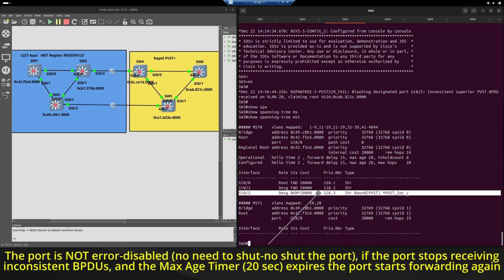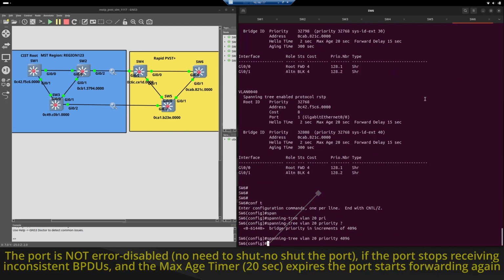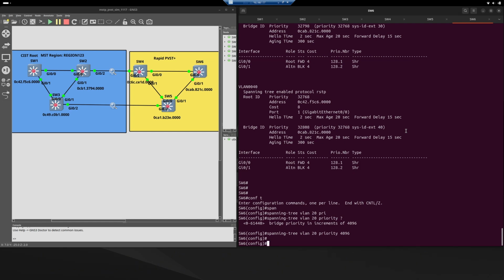Now it works similarly to root guard in a way that if it stops receiving these superior BPDUs after the max age time, so after about 20 seconds, it unblocks the port. So if I move back to switch 6 and change the priority back to the default, spanning-tree vlan 20 priority, the default value 32,768.